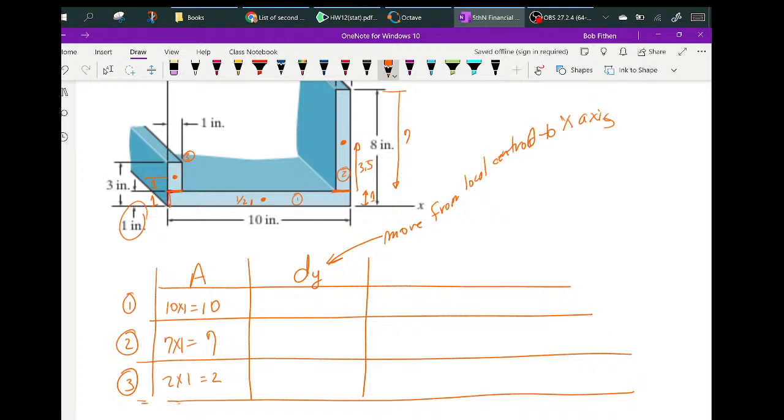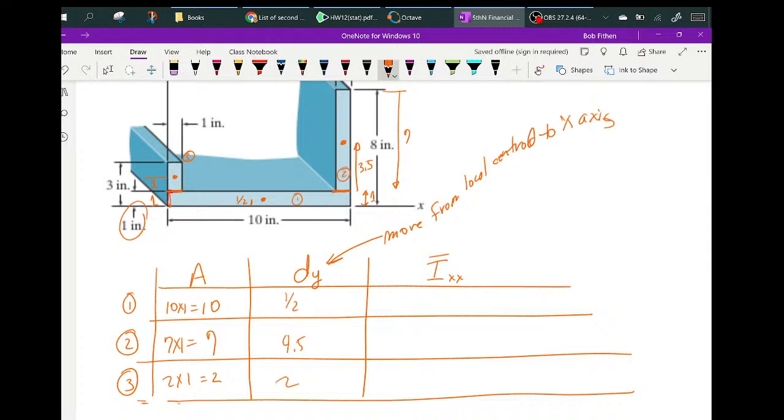For 1, I'm going to have to move a 1/2 inch. For 2, which is over here, I'm going to have to do 1, 3.5. That's going to be 4.5. Over here, I'm going to have to do 1 and another 1. That's going to give me 2. And so now I'm going to go out and find I bar xx.